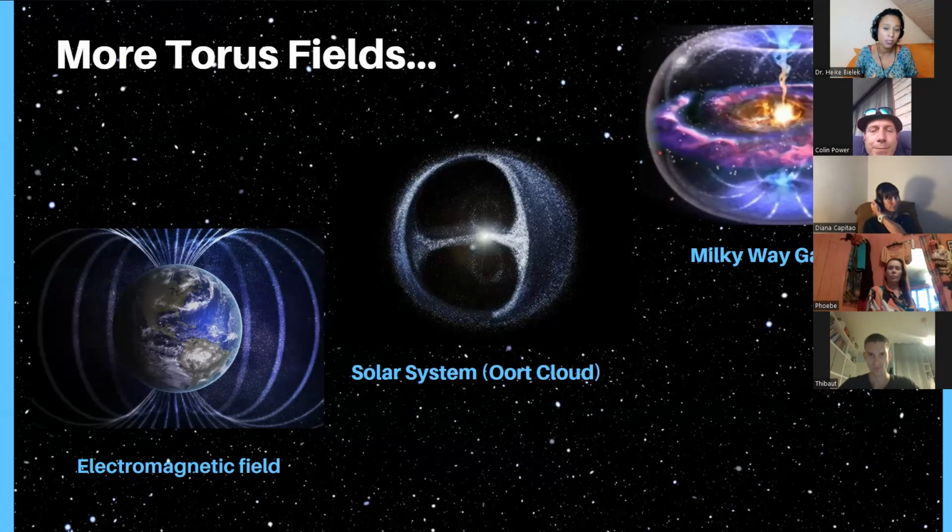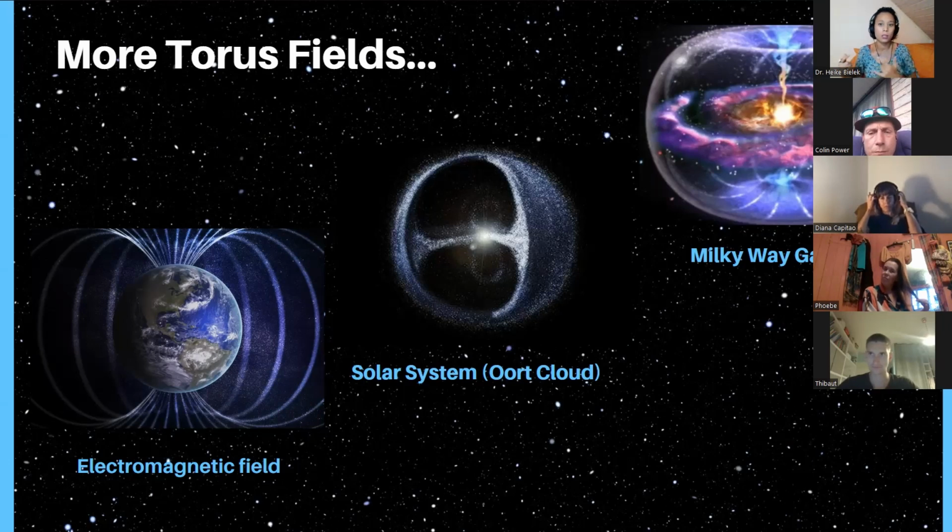We got the same field on the next scale of the universe, because the Earth is part of the solar system, and the center of the solar system is the sun. All the planets orbit around the sun, but the whole solar system, even though it's a flat or corkscrew kind of structure, is wrapped also in a torus field called the Oort cloud.